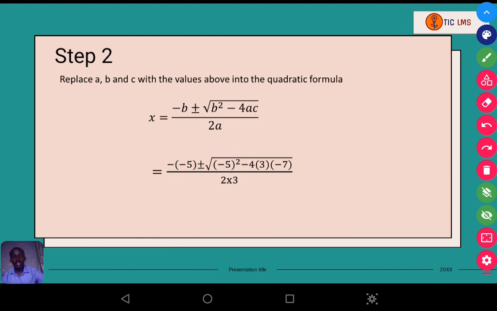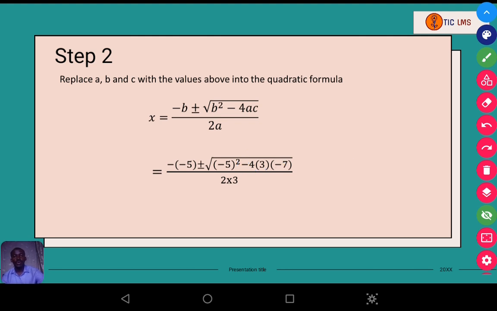Please take note that this is not negative 5 squared, rather, it is negative 5, everything in bracket, squared. And then we have 4 multiplied by 3 multiplied by 7. We have a negative here and a negative here, so that will end up giving us a positive in between.